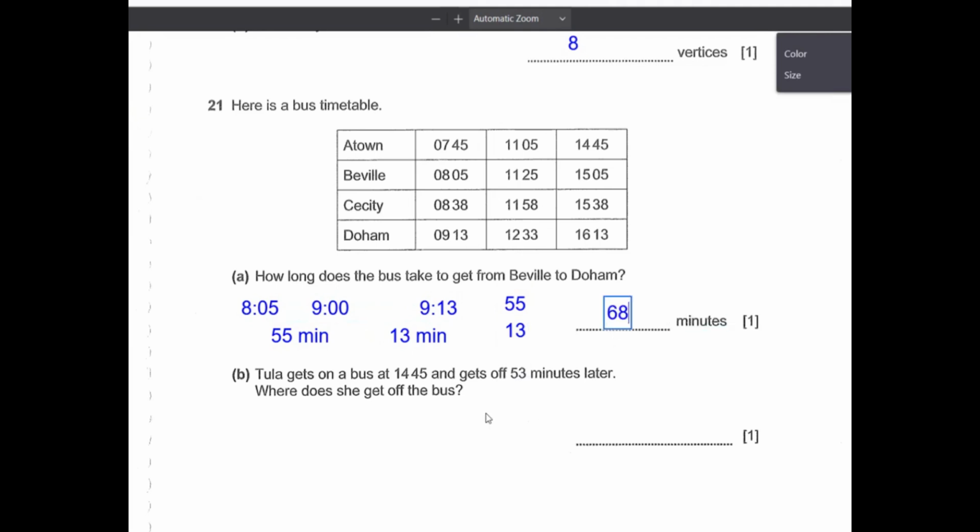We have here Tula gets on a bus at 14:45 and gets off 53 minutes later. Where does she get off?